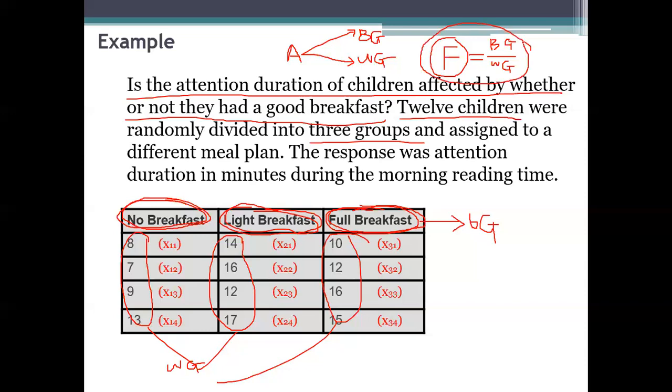So the larger the value of F or the ratio, the more likely it is that the groups have different means. That means the higher chances that we can reject the null hypothesis.